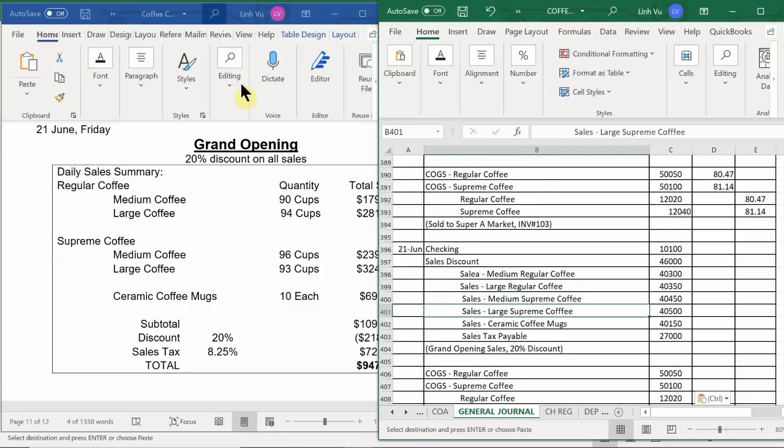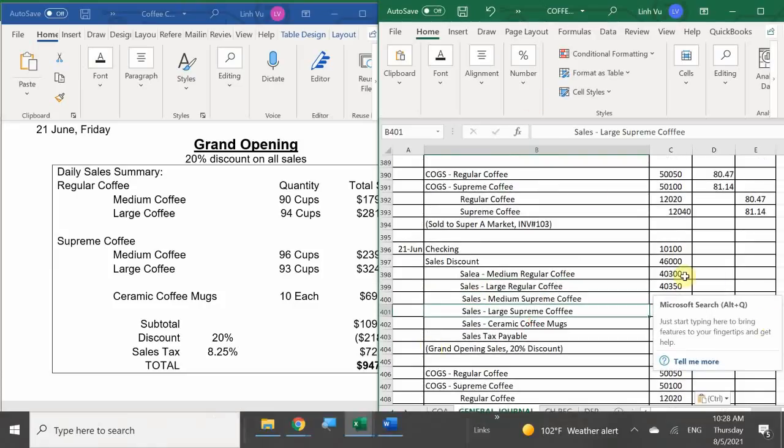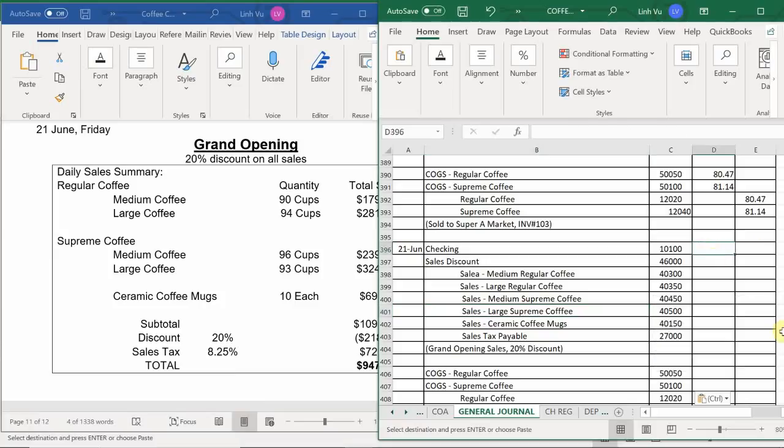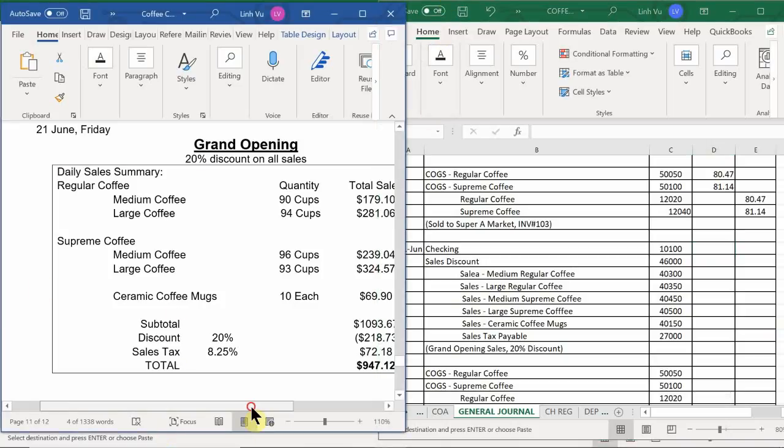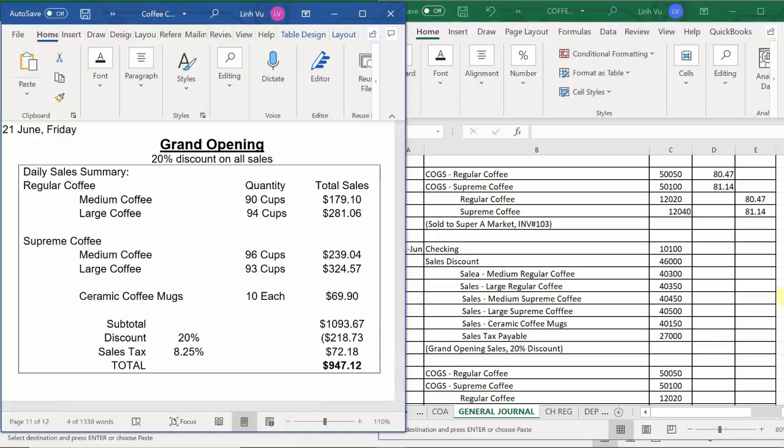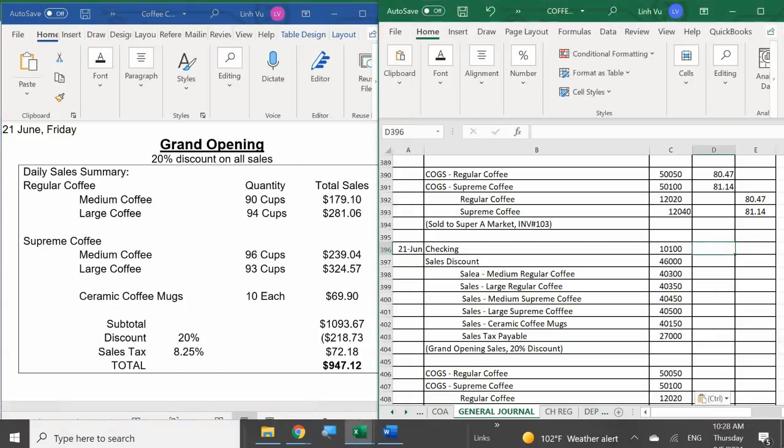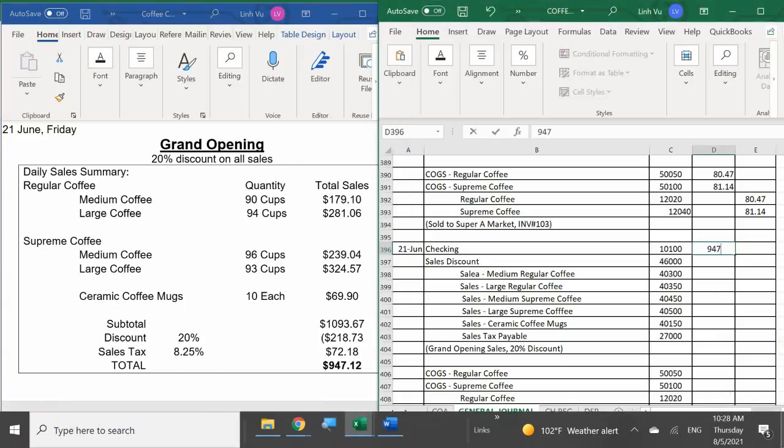Right. So let's go ahead and figure these numbers out. What was the total amount of cash I am receiving? 947.12. How much was my sales discount? 218.73.